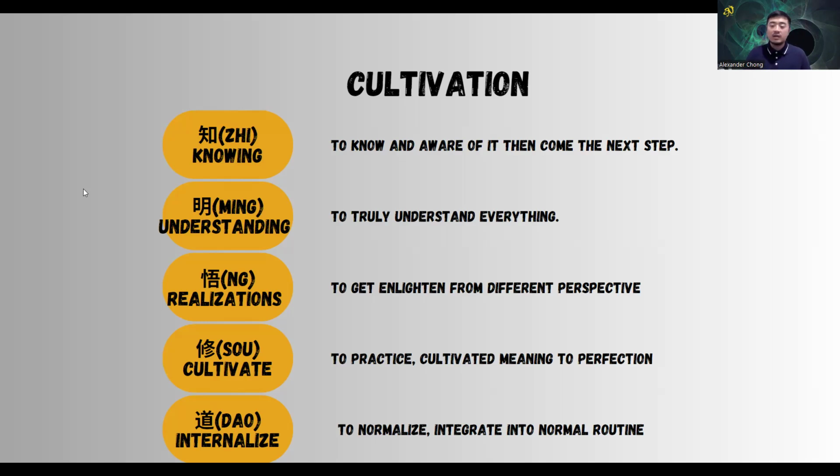You can only learn about the concept. You can only understand from other people telling you about that part. Then slowly you will move forward to understand something, to get enlightened from different perspectives. You can even cultivate it into different meanings. Cultivate means that you use it in other areas of life, that you're actually performing it.